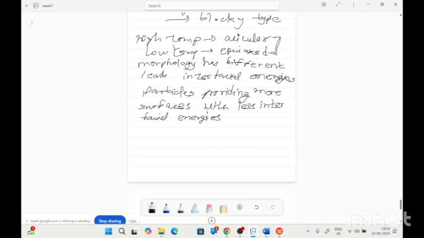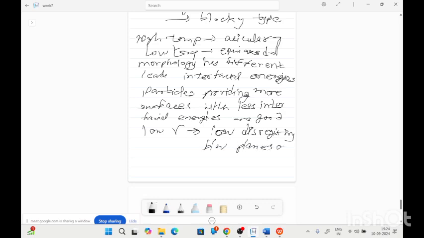Low interfacial energy also means less disregistry between the planes of the intermetallic particle and the aluminium nucleus.